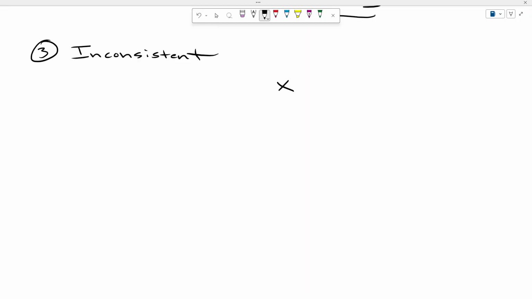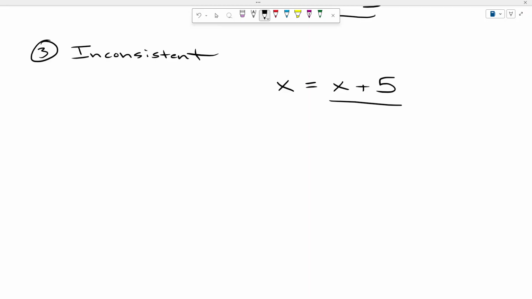So if we had something like this, well, it doesn't matter what we put in for x, it'll never be true by virtue of, on the right side, we're adding 5 each time. So whatever we put in for x, this side is going to be 5 greater. So this one will never be true. So this is an inconsistent equation.